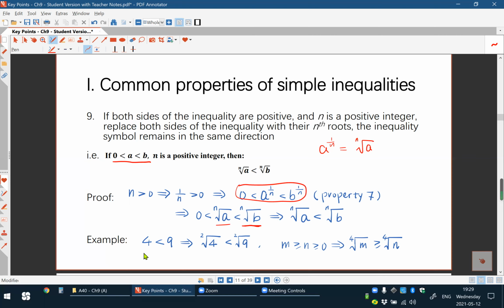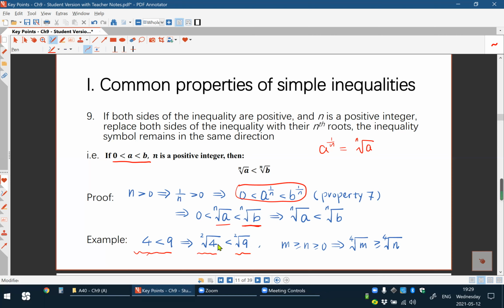Okay, so for example, if we know that 4 is smaller than 9, right? And we take their second root, which is the square root, and then we know that the inequality symbol remains in the same direction. So the square root of 4 is smaller than the square root of 9, right?